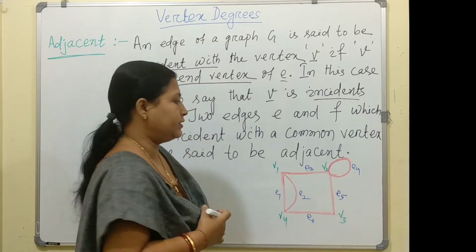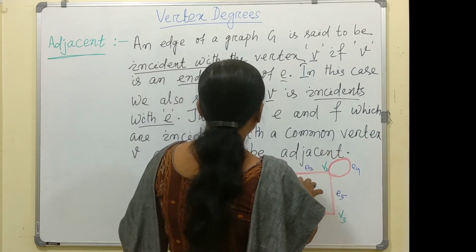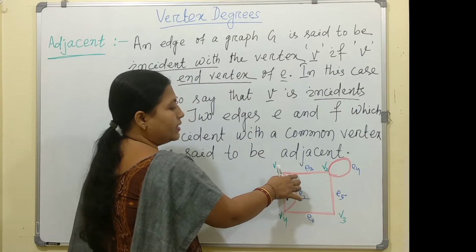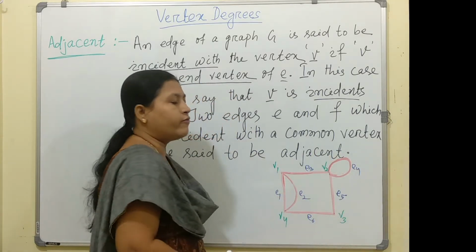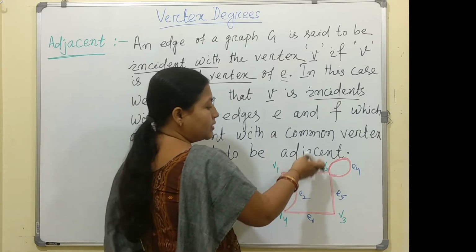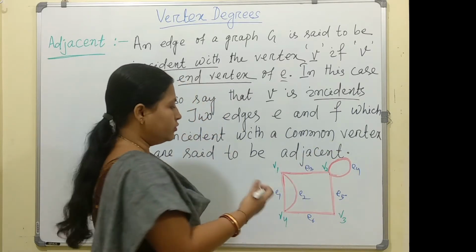So we can say that V2 is incident with the edges E3, E5 and also E4, because these 3 edges are incident with the particular vertex V2.